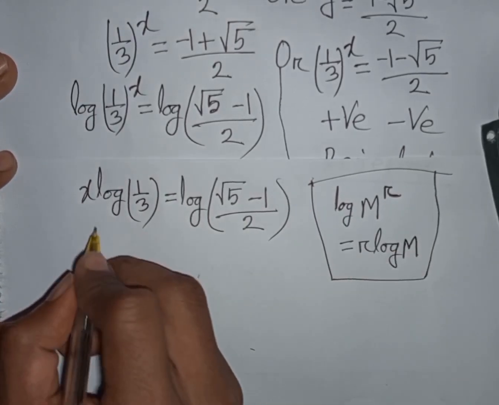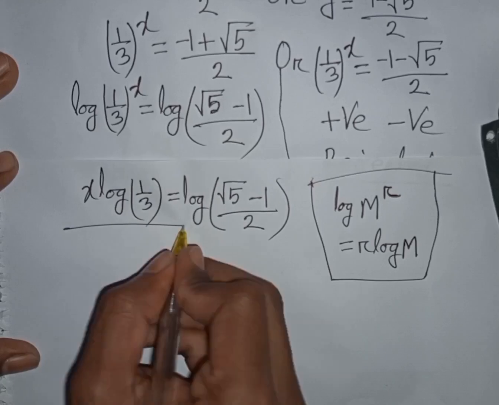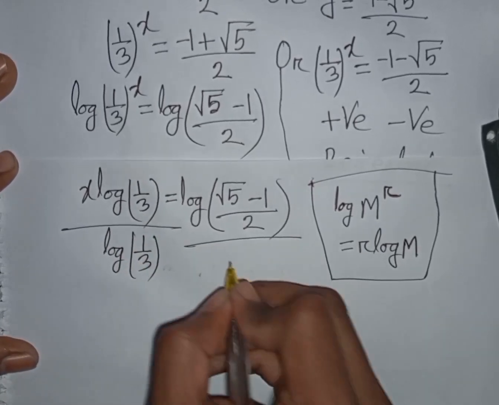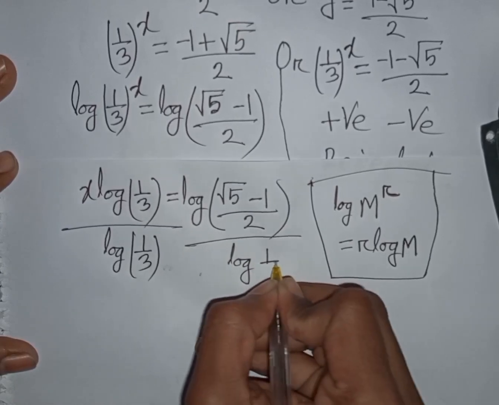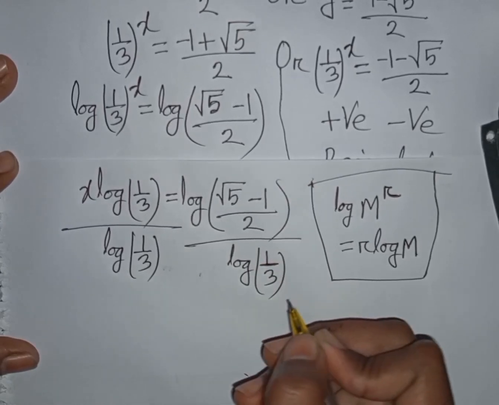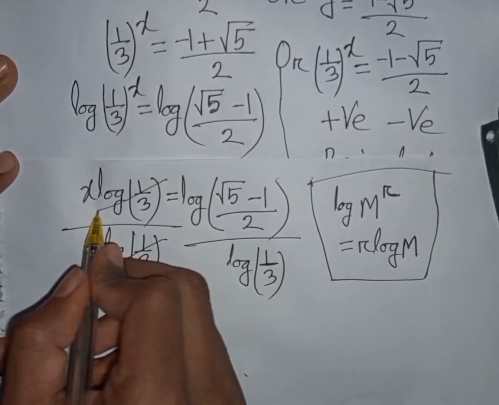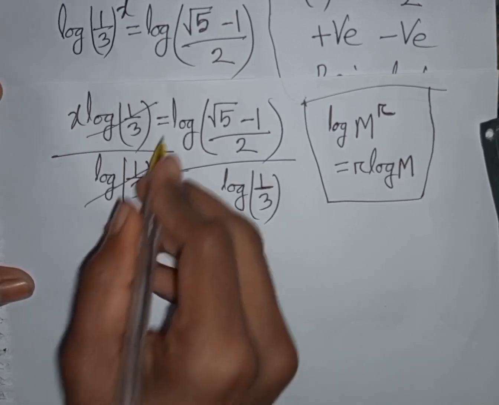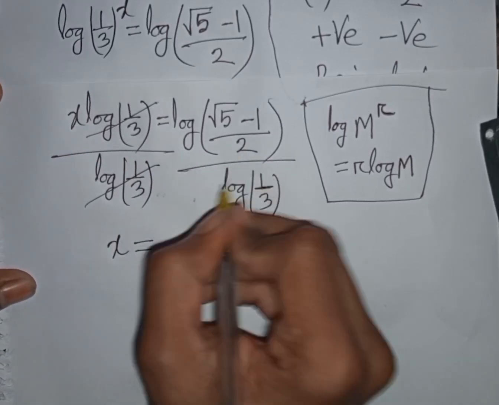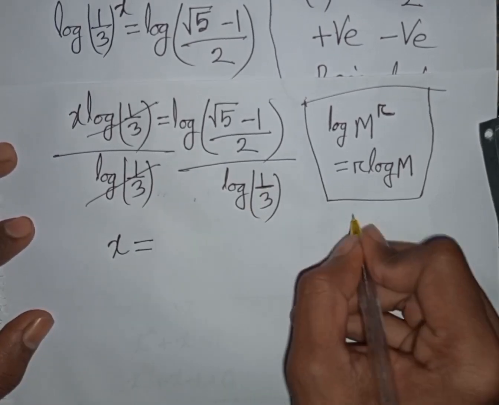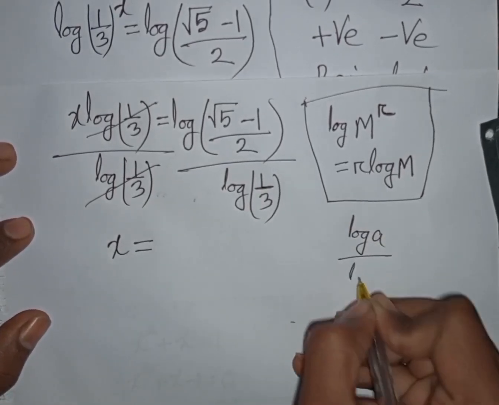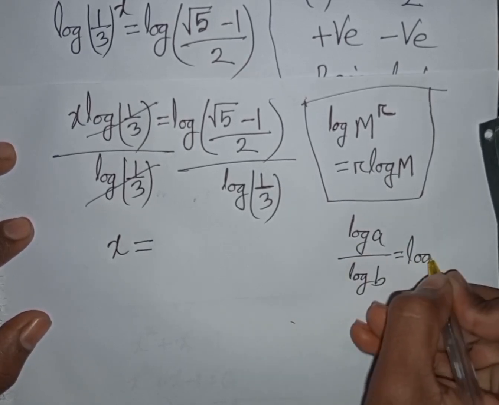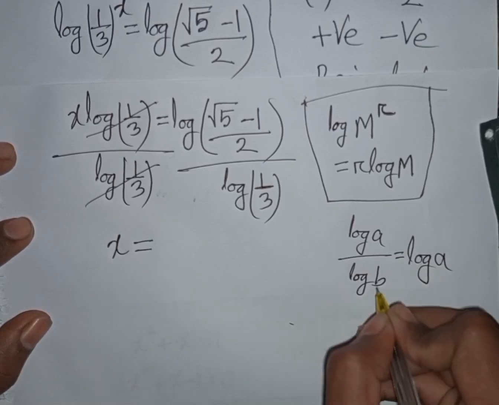Now we need the value of x, so we divide by log of 1/3 on both sides. Now we see this log of 1/3 and this log of 1/3 will be cancelled. So here x will be equal to this divided by this. That means here I can apply this formula: log a divided by log b is equal to log a base b.